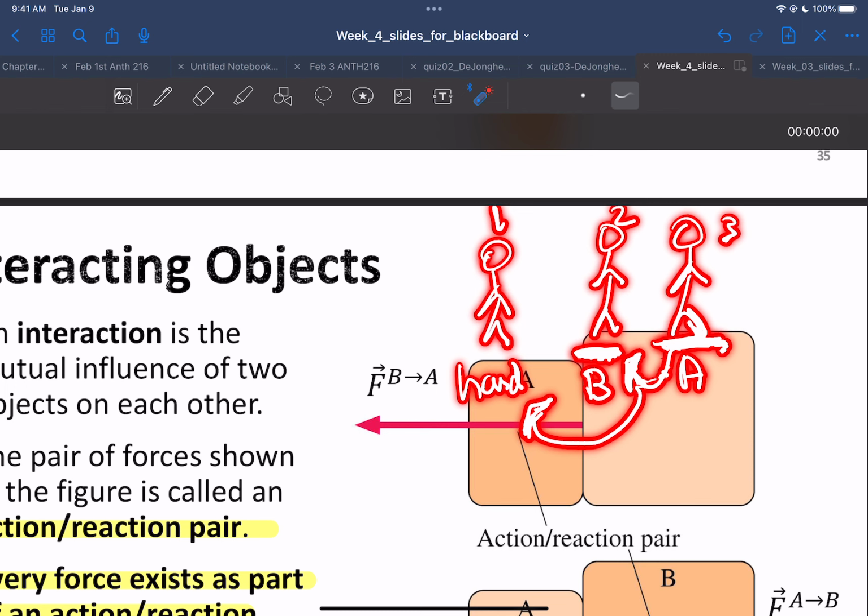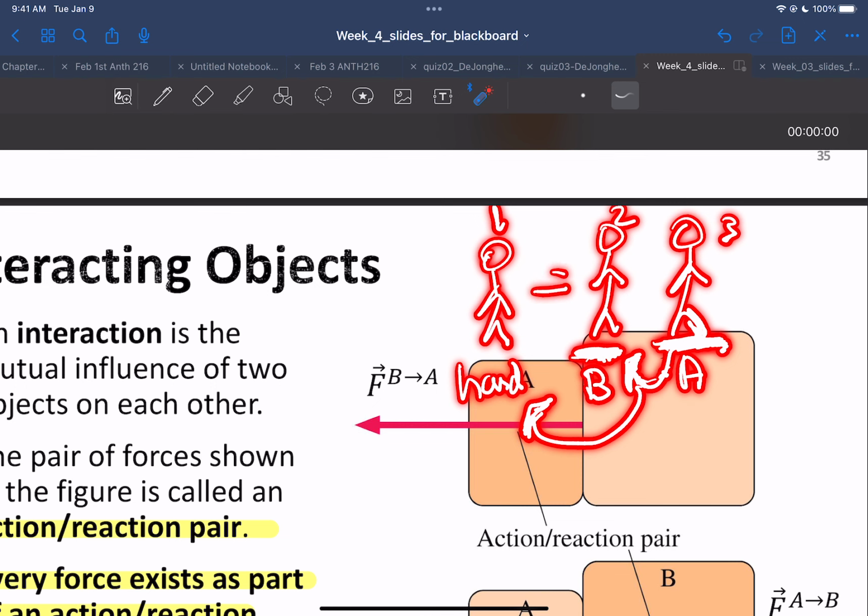So for person number 3, or person A right here, when we draw a free body diagram for them, we're trying to draw things in terms of what each person or block feels. Block A, person 3, is only aware of the fact that person 2, or person B, bumped into them. Person B, on the other hand, is getting sandwiched.